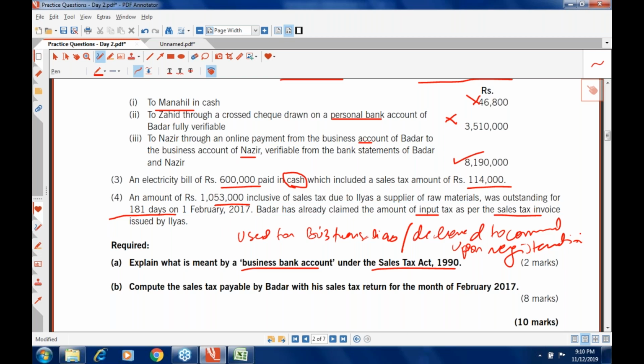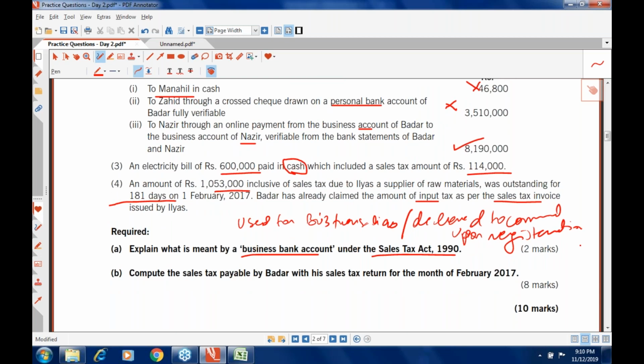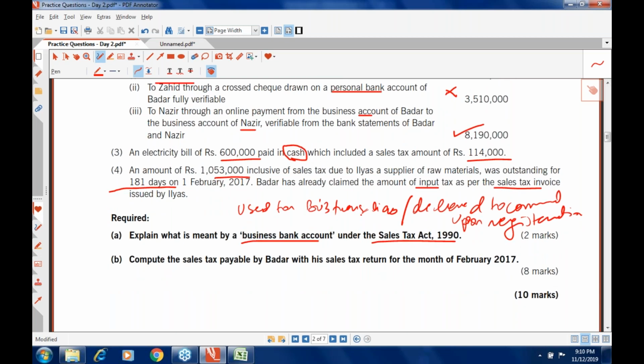So a business bank account under the Sales Tax Act 1990 means an account which is used for business transactions and declared to the commissioner upon registration.